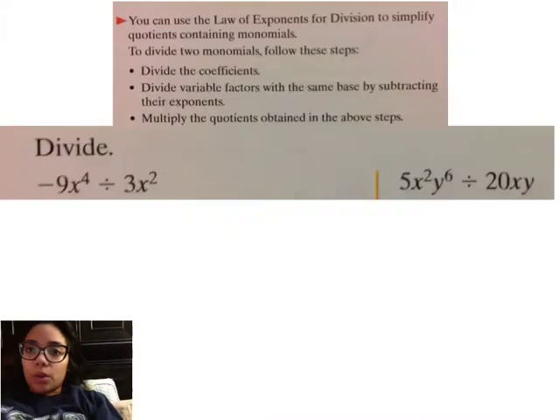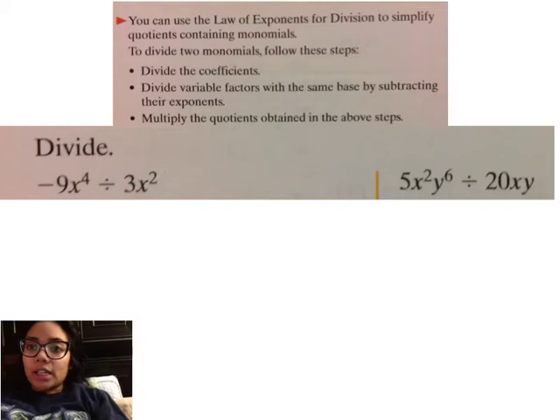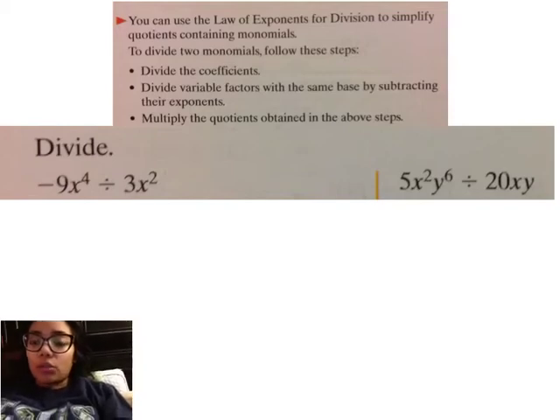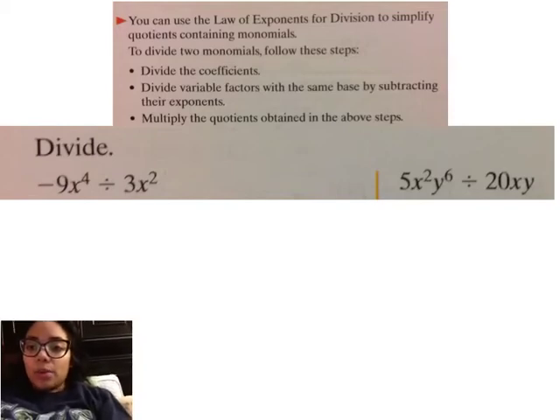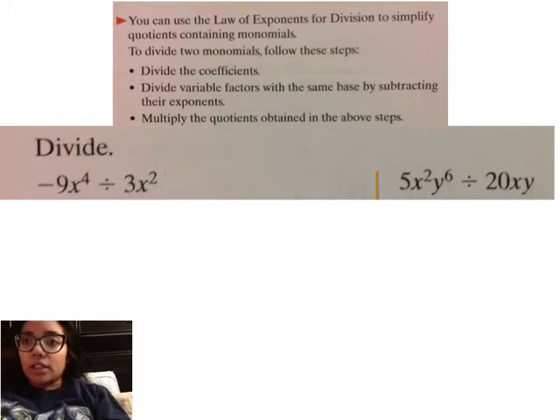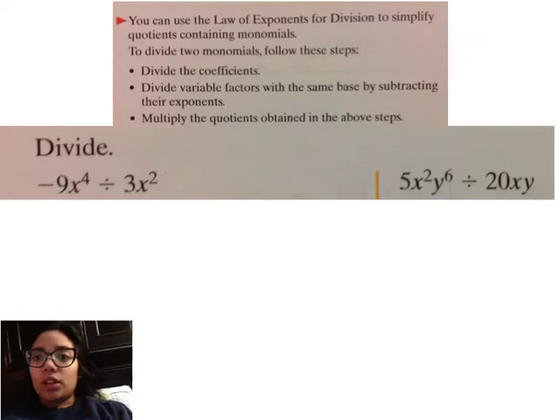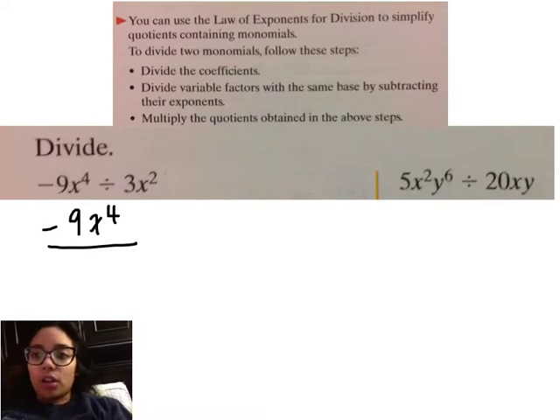Question number 1. Divide negative 9x to the 4th divided by 3x squared. I will rewrite this because I like to look at it a different way. Negative 9x to the 4th, and that fraction bar that a lot of you don't see as a division sign is a division sign, divided by 3x squared.